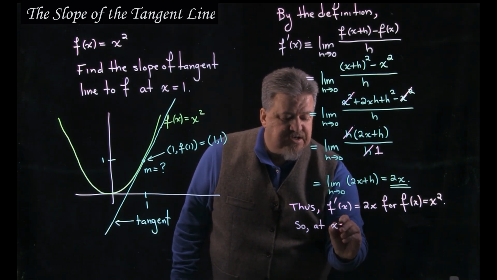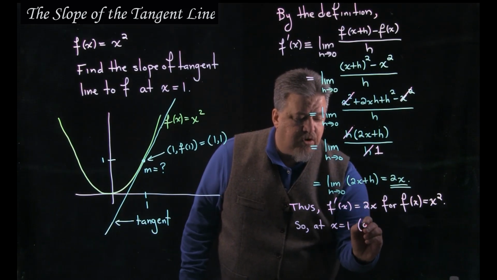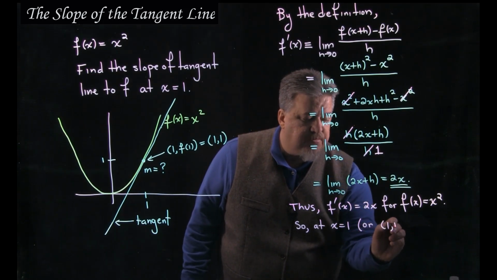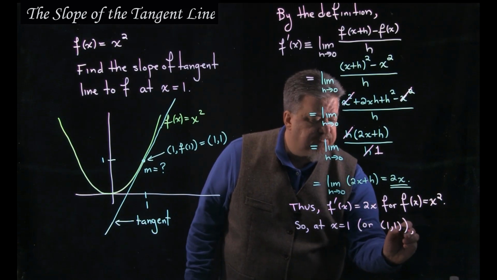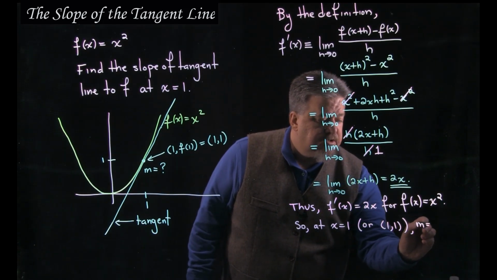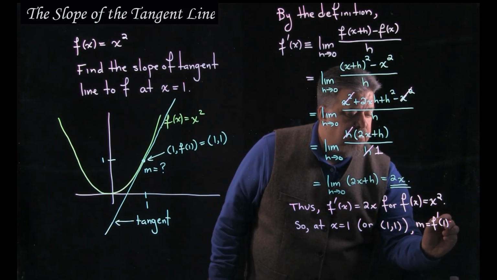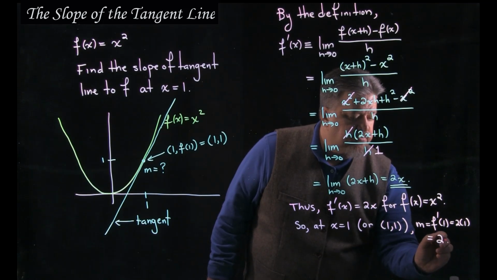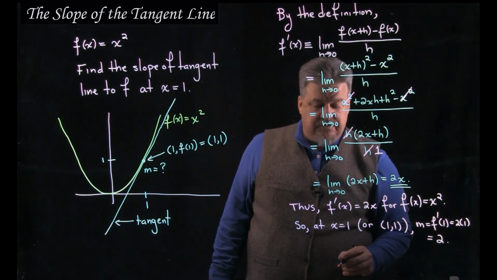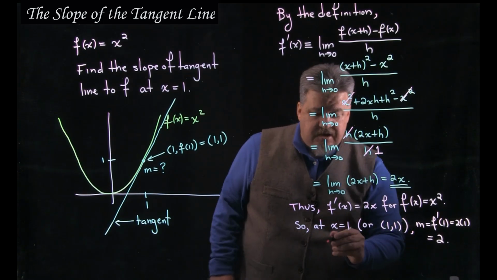So we could say at x equal 1, at the x value of 1, or in other language, at the point 1, 1 on the graph, m is equal to f prime of 1, which is equal to 2 times 1, which is 2. Okay, so we have m equal 2. So the slope of the line is 2.